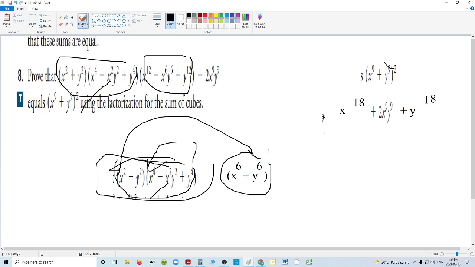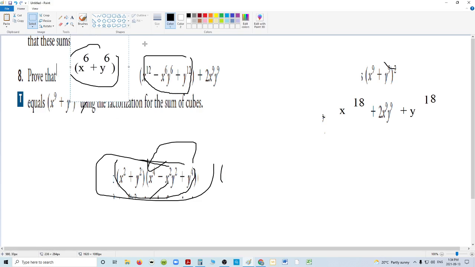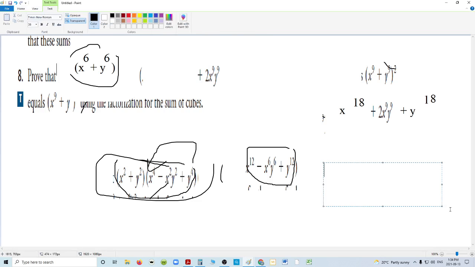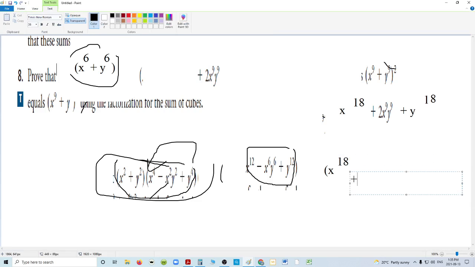So I'm going to reverse it and put that. So essentially I'm replacing all of this with that. This I can see is partially the x to the 18 plus y to the 18.